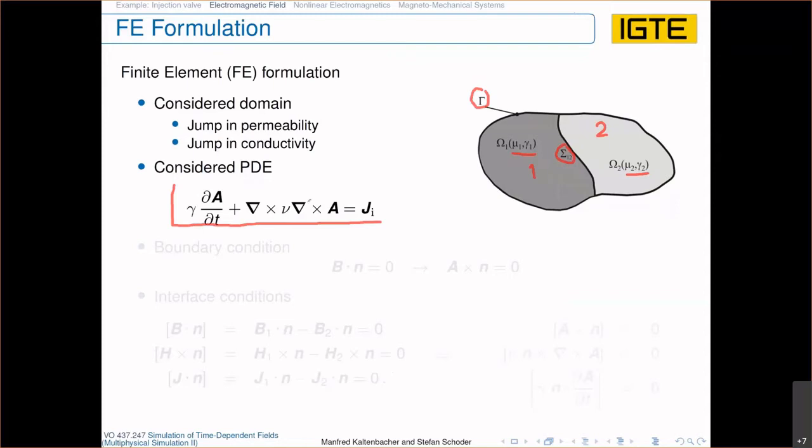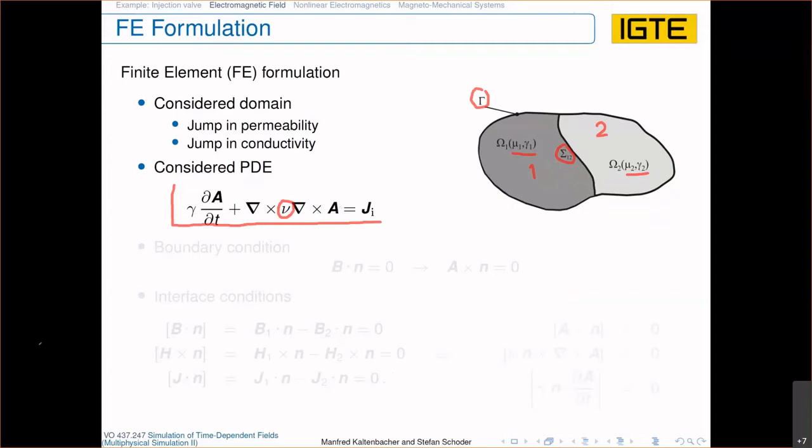We have our so-called curl operator, where I use now the reluctivity, and we know that the reluctivity more or less is a function of space, as we see here. It could be constant within a subdomain, but has a total different value within another subdomain. And especially for ferromagnetic materials, it will be a non-linear function depending on the curl of the magnetic vector potential, so depending on B, our magnetic flux density.